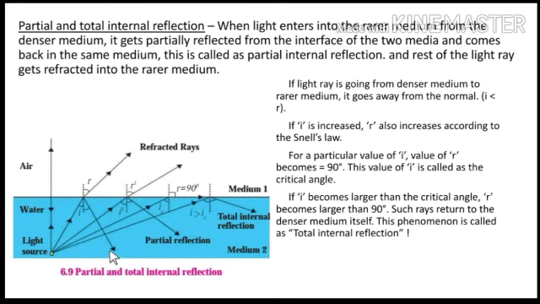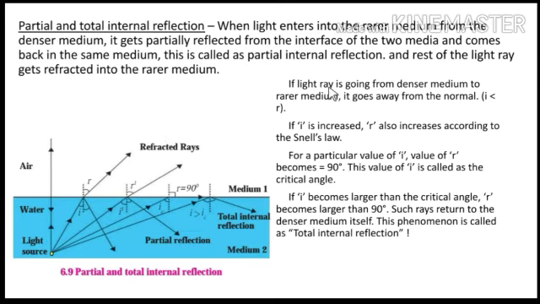The light ray is going in forward direction in air, but some part of it is reflected in the same medium. This is called partial internal reflection. A part of the light ray comes outside the medium, but part of the light ray gets reflected back into the same medium. Therefore it is called partial internal reflection. And the rest of the light ray gets refracted into the rarer medium.